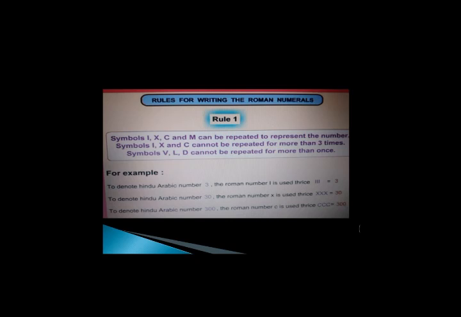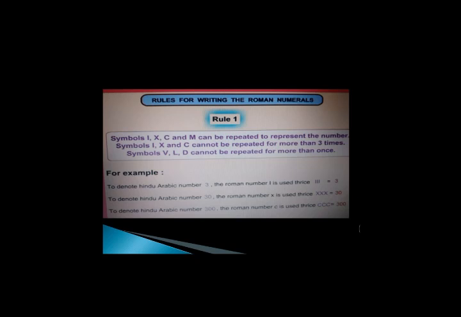Now let's learn some rules for writing the Roman numerals. Rule number 1. Out of 7 symbols, 4 symbols that are I, X, C and M can be repeated to represent the number, and from these 4, the 3 symbols that are I, X and C cannot be repeated for more than 3 times.